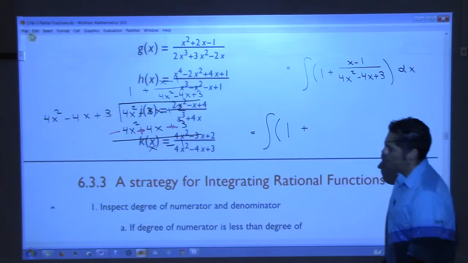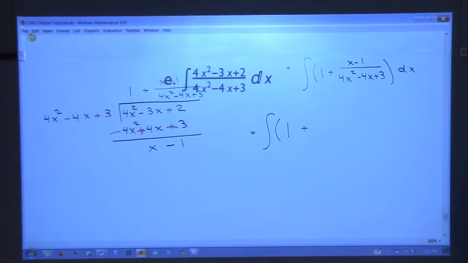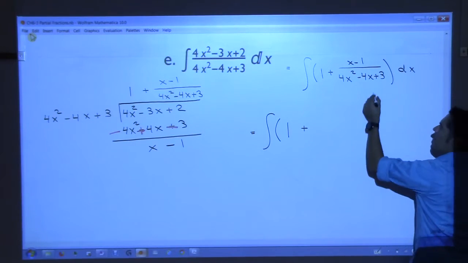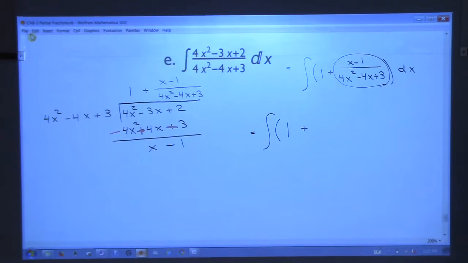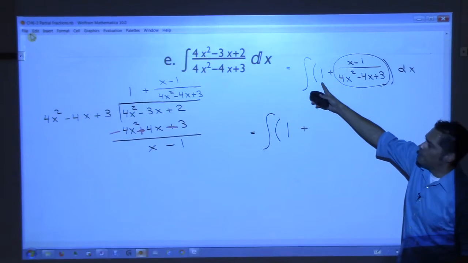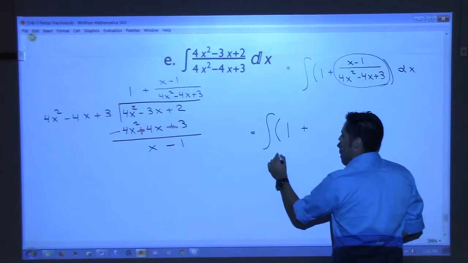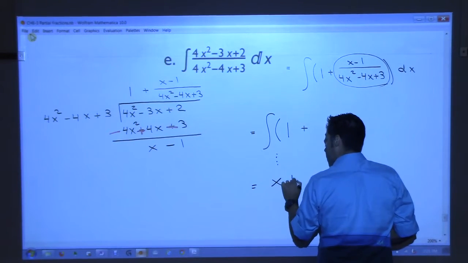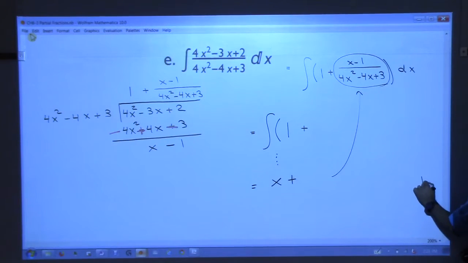I will defer to your previous notes, we did this already. But the answer would also have the antiderivative of this in front of it. The antiderivative would be x plus whatever that was from your notes, plus c.